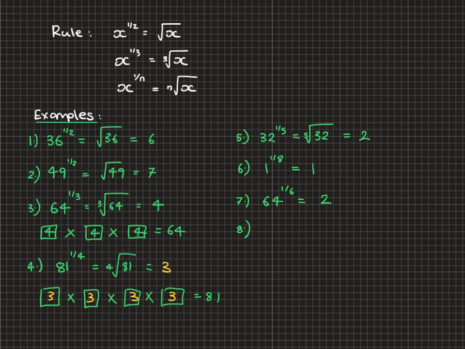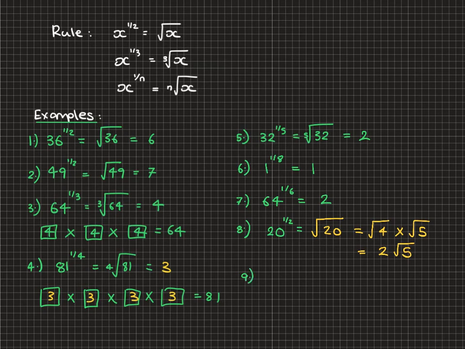Now, 2 slightly trickier questions coming up. 20 to the power of 1/2. Well, of course, this means the square root of 20. Now, you can simplify this using your knowledge of surds. This is root 4 multiplied by root 5, so it could be simplified down to 2 root 5.